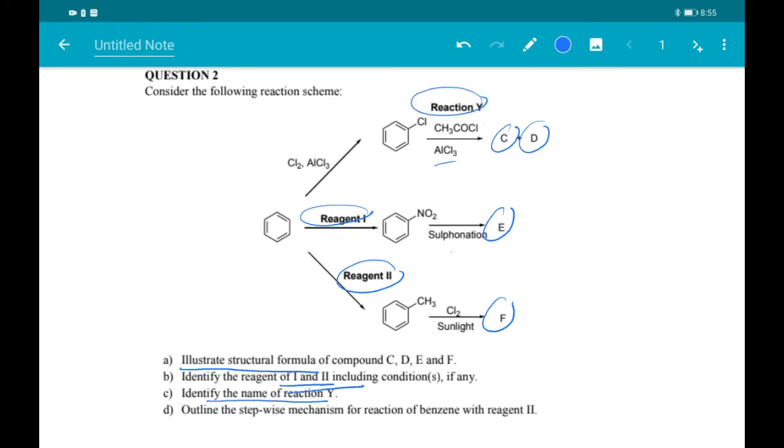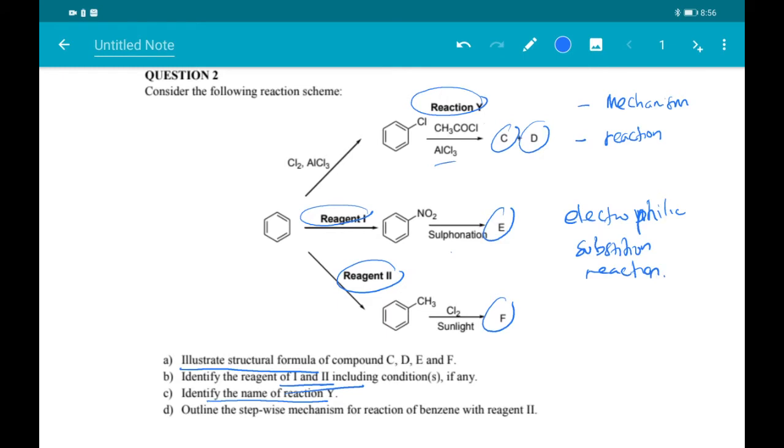Please take note that there is a difference between the name of the mechanism and the name of the reaction. These are two different things. For instance, most of the reactions that we discuss are based on the electrophilic substitution reaction.